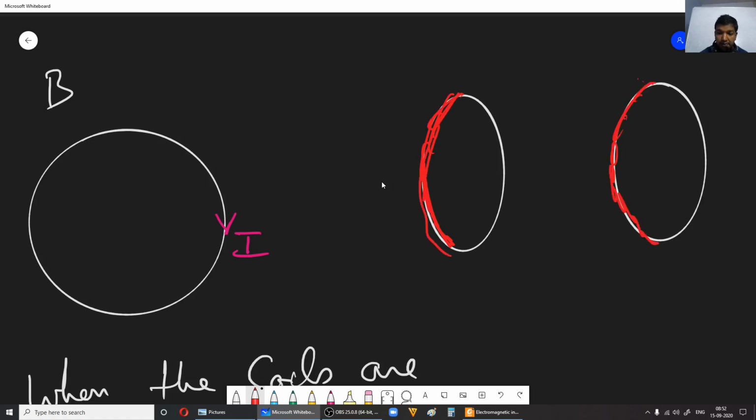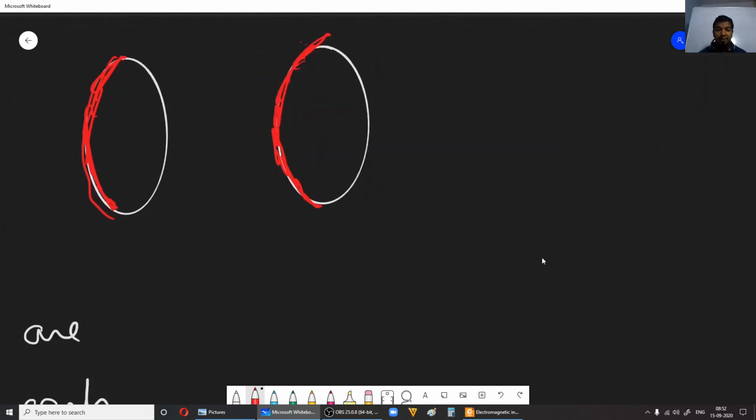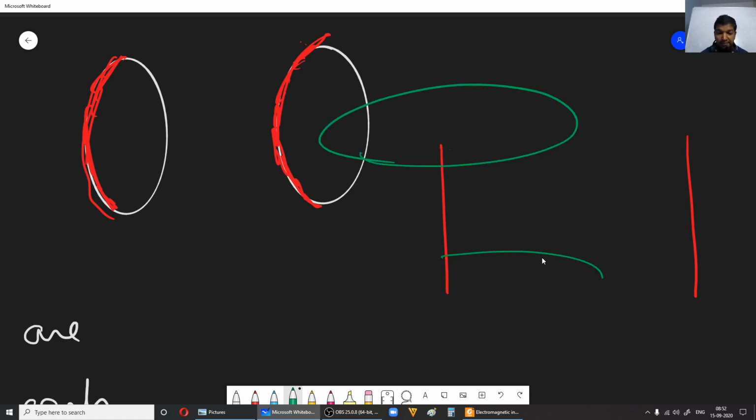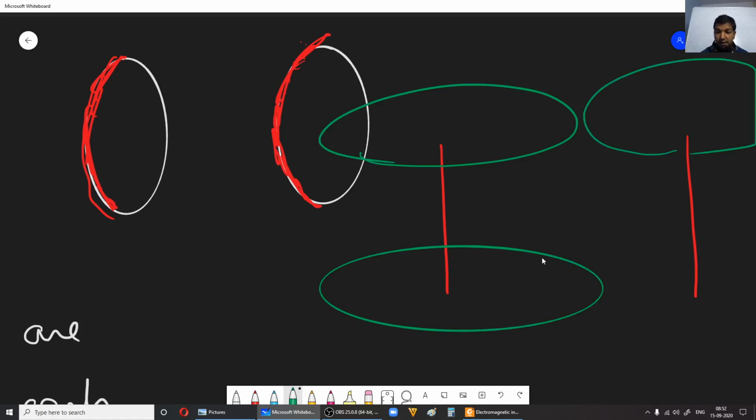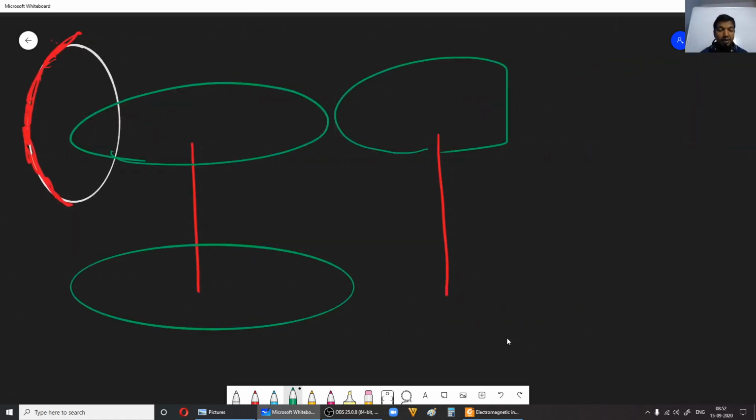Now there is one more way to understand why the net magnetic field decreases. This is the edge you are seeing. Now I'll draw the individual magnetic fields like this. These are the individual magnetic field lines due to both the loops.